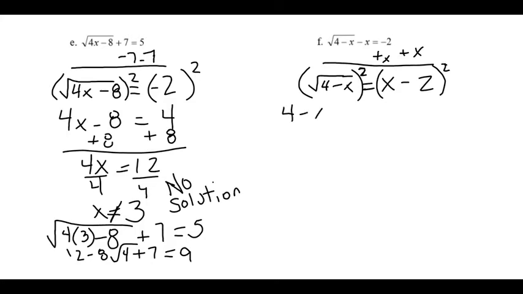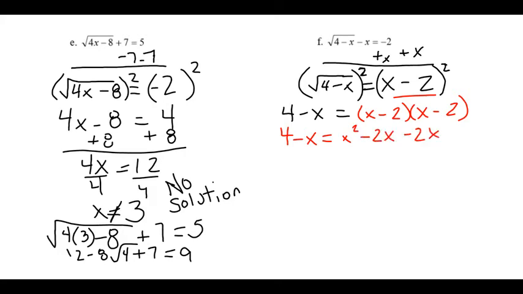But now on this side, we're squaring an expression. So we're going to do x minus 2 times x minus 2. So that will give us 4 minus x on the left. And we'll have x squared minus 2x minus 2x plus 4. We'll simplify it. So we have 4 minus x equals x squared minus 4x plus 4.